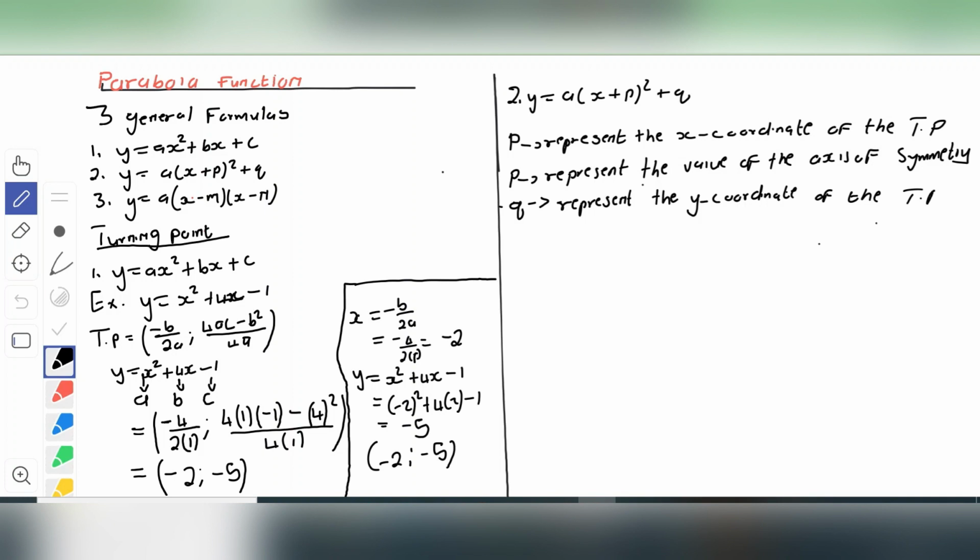Meaning if you have the value of p and the value of q, you already know the coordinates of the turning points, right?